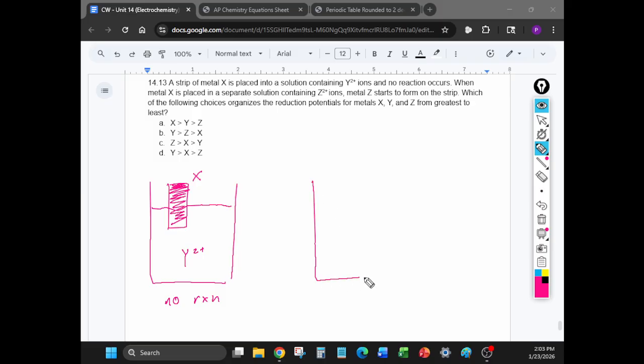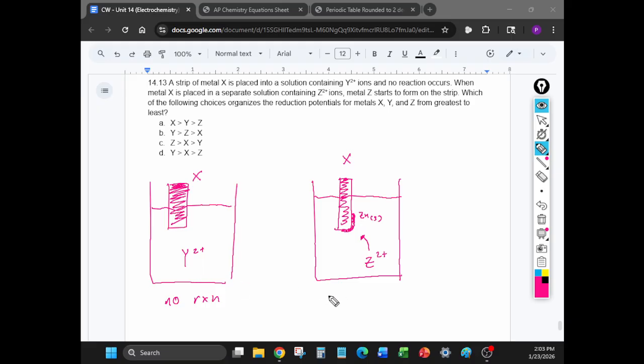However, there's another situation where metal X is placed in another solution containing Z2 plus, and metal Z forms on the strip. So here we have Z2 plus aqueous turning into solid Z on the surface.